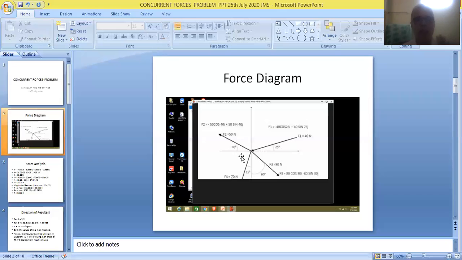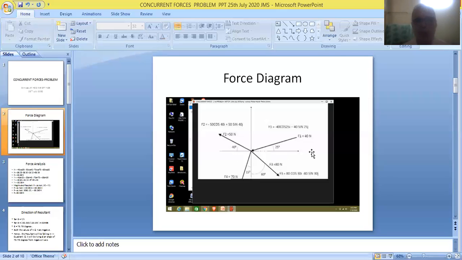F2 is making an angle of 40 degrees with the negative x-axis. F4 is making an angle of 75 degrees with the negative x-axis. F3 is making an angle of 30 degrees with the positive x-axis. So these are the angles to be considered: 25 degrees, 40 degrees, 75 degrees, and 30 degrees. These are the angles considered for writing equations and making the calculations.